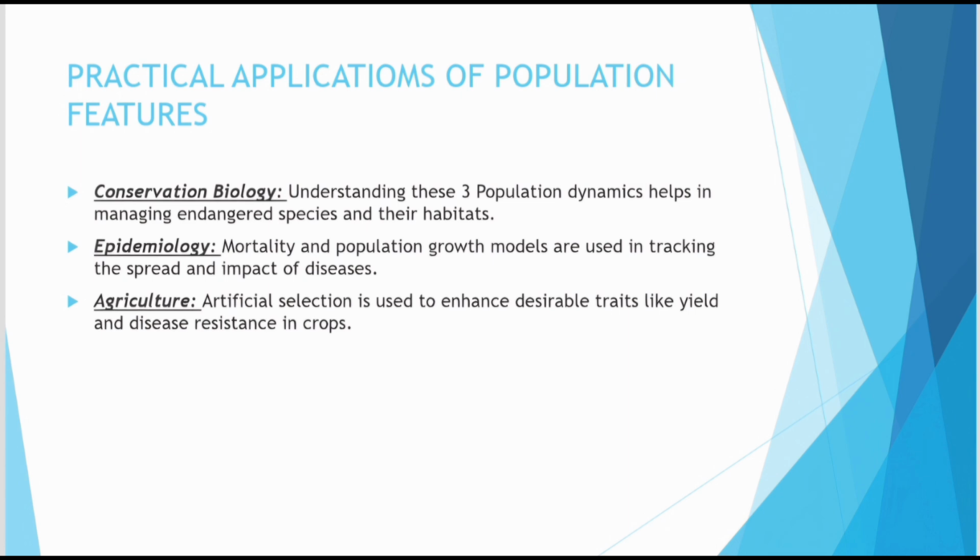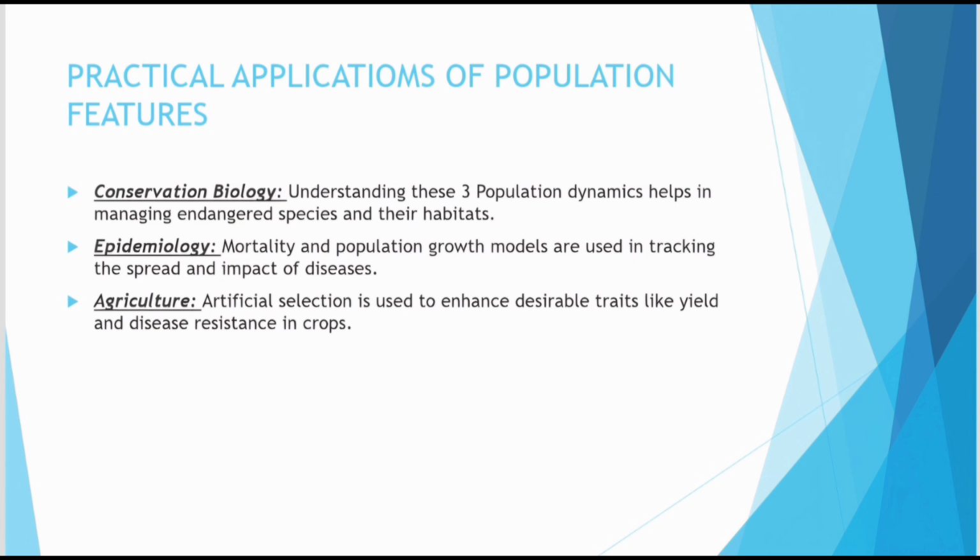That is, these three population features, growth, mortality and selection, can be used in conserving our biodiversity, and in epidemiology and agriculture. How they help conservation biology: understanding these three population dynamics helps us to manage endangered species and their habitats.